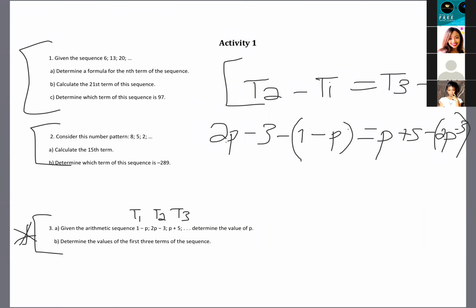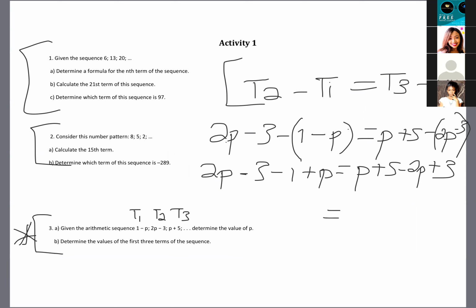So you're going to say 2p minus 3 minus 1 plus p equals p plus 5 minus 2p plus 3. And then you take all your like terms to one side. So you're going to bring all your p's to the left.